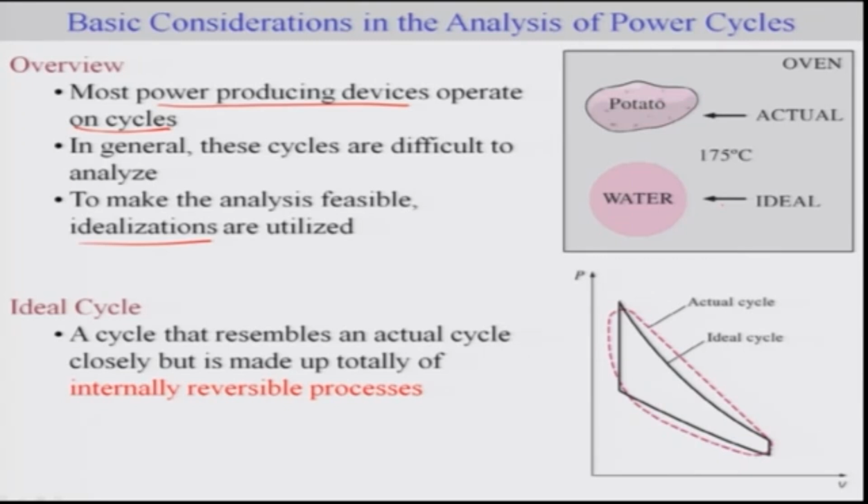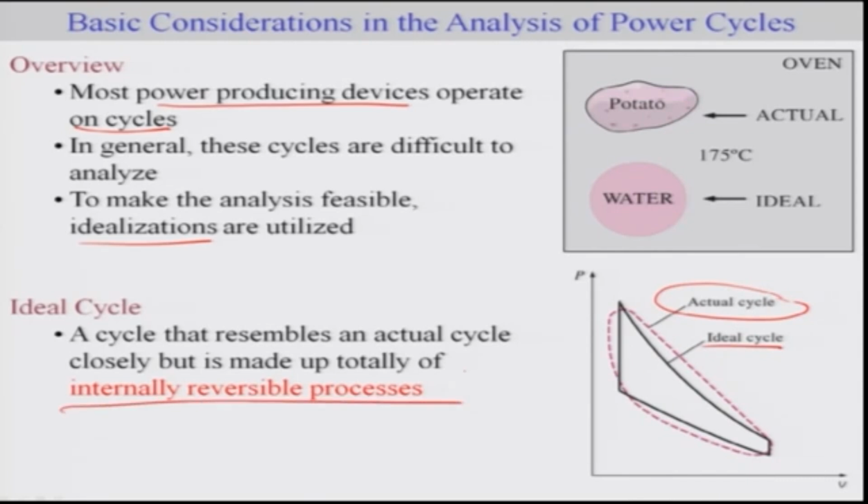For the case of a cycle, which may be looking like this actual cycle in dotted form, we can idealize this by considering that each of the processes is internally reversible. So, the actual process may not be internally reversible, but it can be represented by an ideal cycle which consists of internally reversible processes.